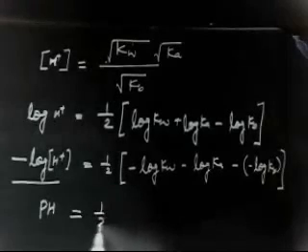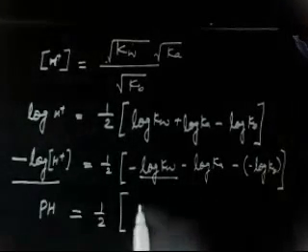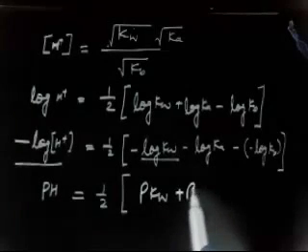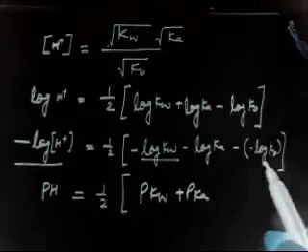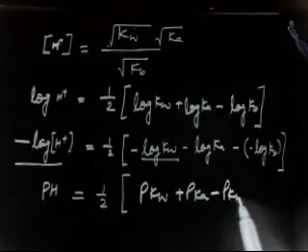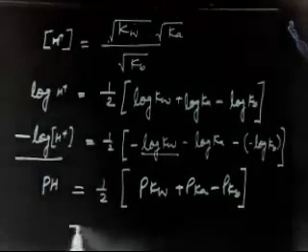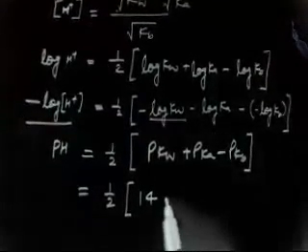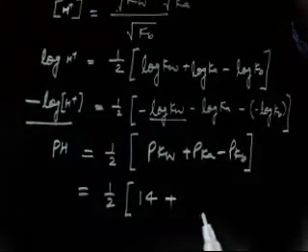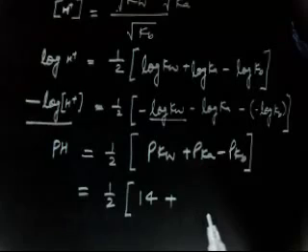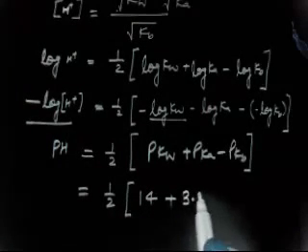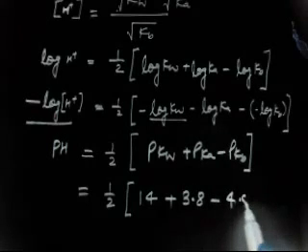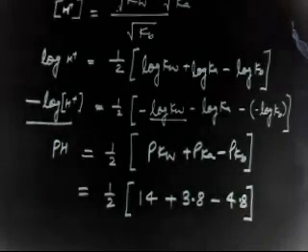This equals half of, minus log of Kw is pKw, minus log of Ka is plus pKa, and minus log of Kb is minus pKb. Now things are very easy. I know the value of pKw, that is 14, and pKa is given in the problem, 3.8, minus pKb is also given to you, that is 4.8. So I can solve for pH. Are you getting?